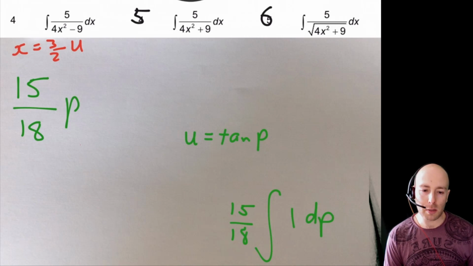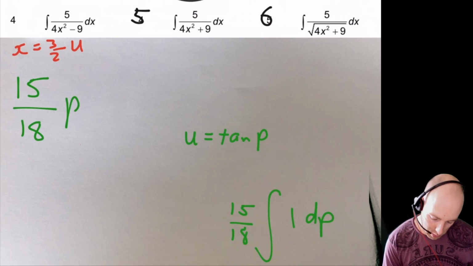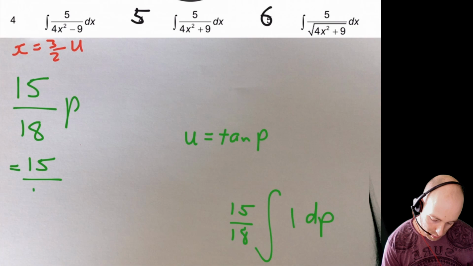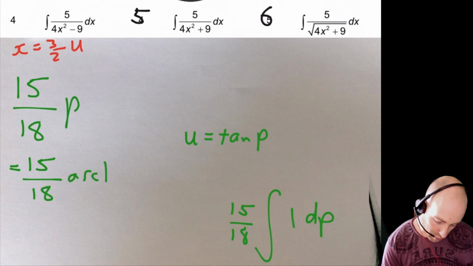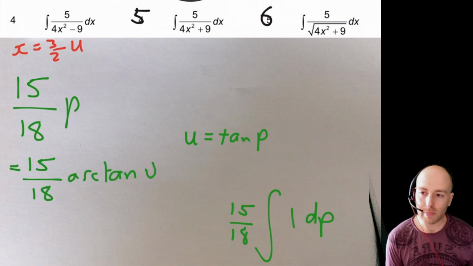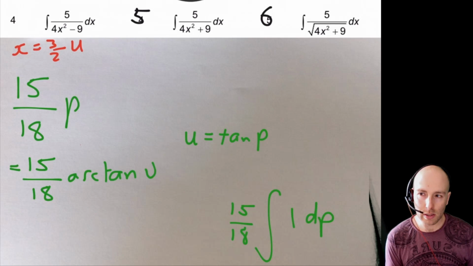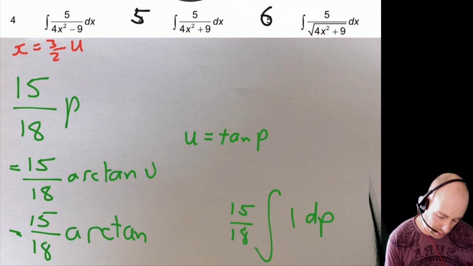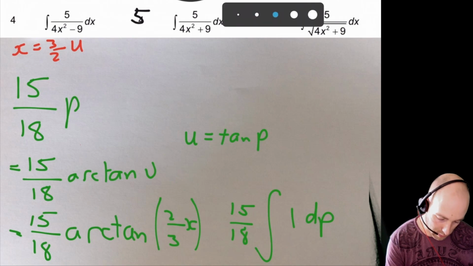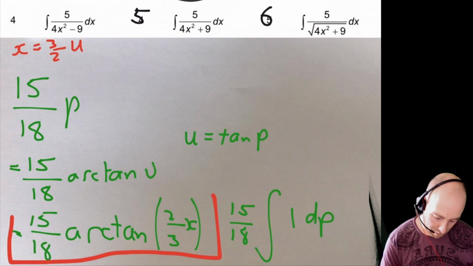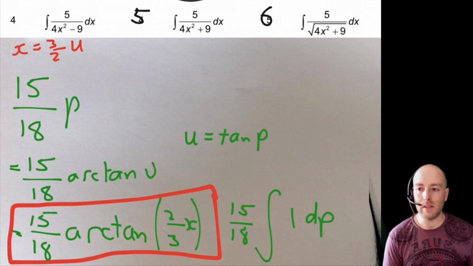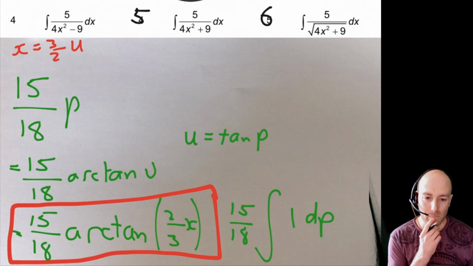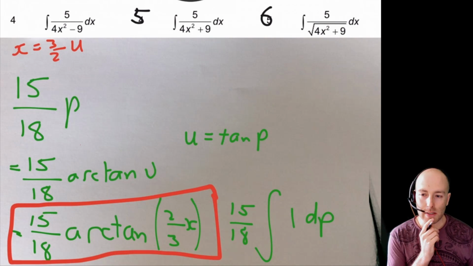Now I know p is going to be arctan of u. And I know u is 2/3 of x. So we get 15 over 18 arctan of 2/3 x. There we go. So that's the first one.